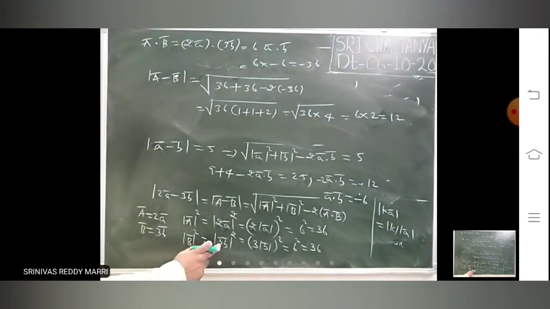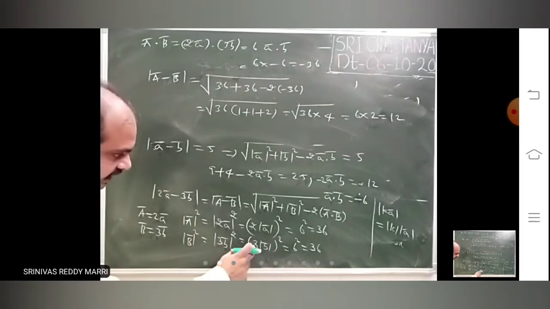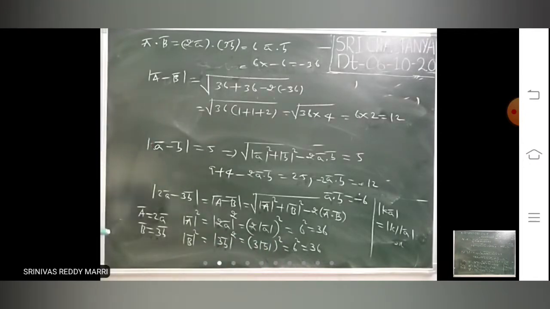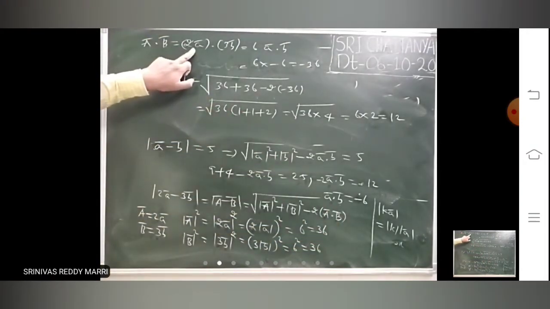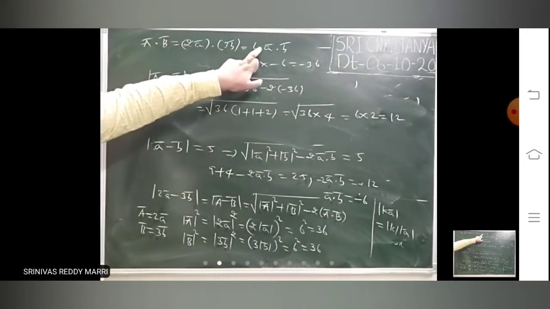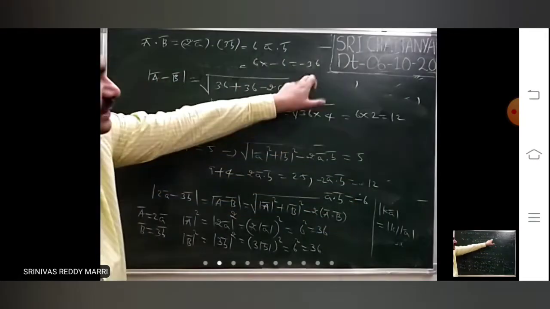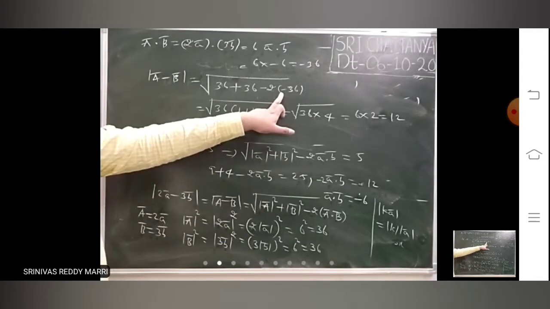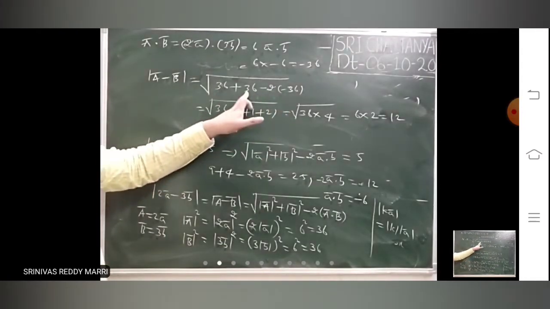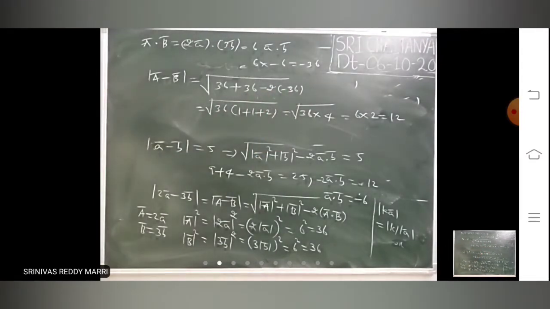Modulus 3B bar is 3 into modulus B bar, 3 into 2. Here one more term is there, A dot B: 2A with 3B is 6 into A dot B, which is minus 6, so minus 36. Just substitute the values here, you will get 36 taken common, 1 plus 1 plus 2. So the final answer is 6 into 2, 12.